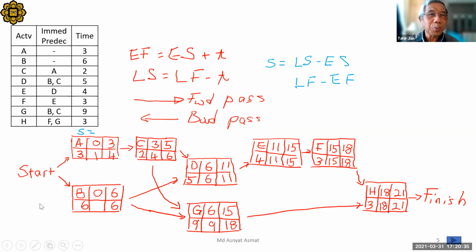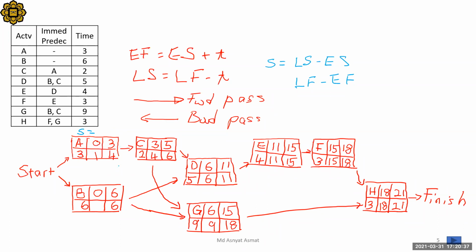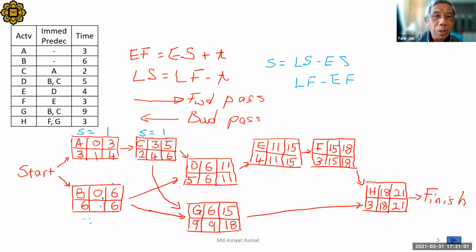So what number should we put? 1. Let me find my cursor. Oh, found it. 1. And then C, where's the slack? 1 also.